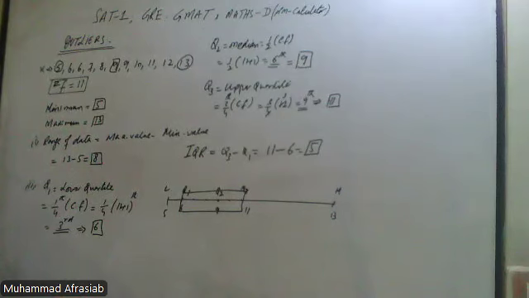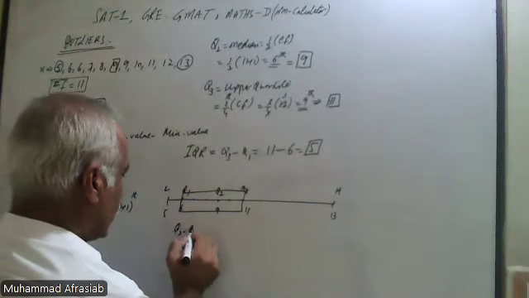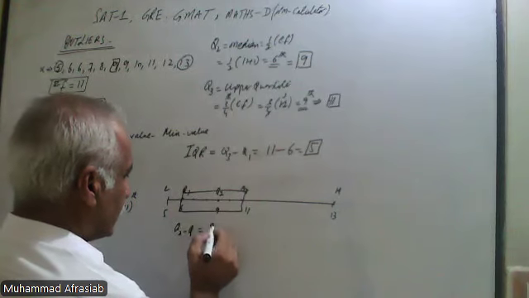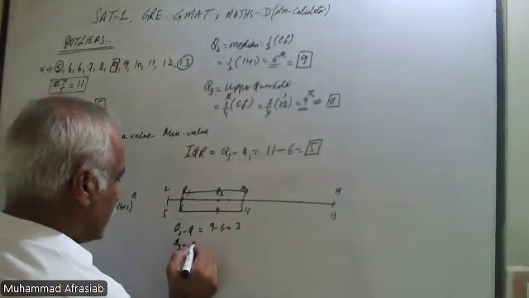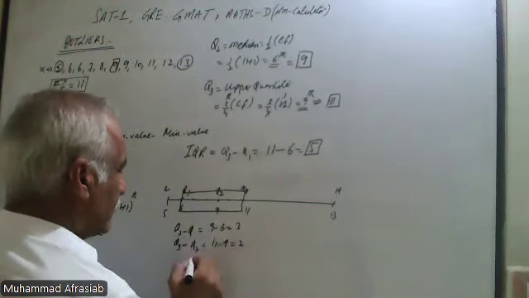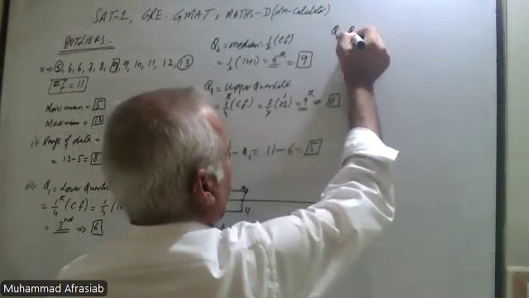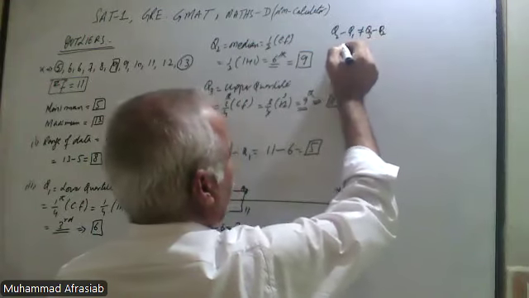Now you can see it here. You can further add that Q2 minus Q1 is 9 minus 6, which is equal to 3, and Q3 minus Q2 is 11 minus 9, which is equal to 2. Since Q2 minus Q1 is not equal to Q3 minus Q2, it is not symmetric.